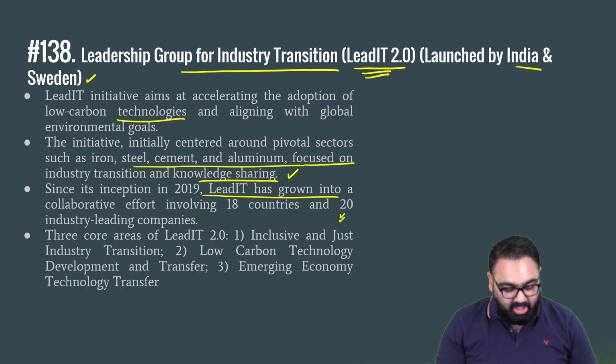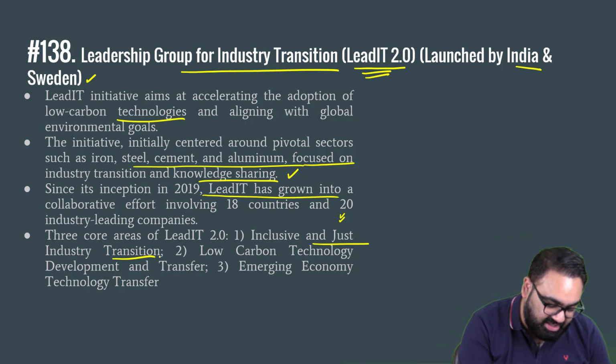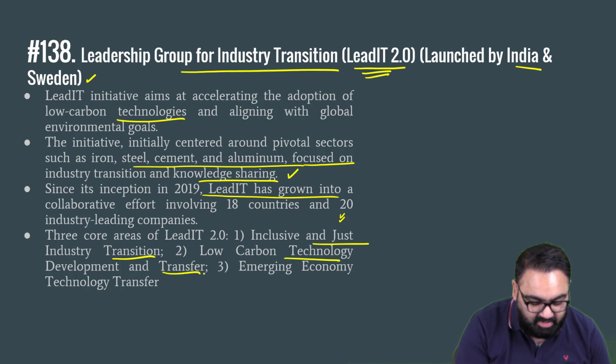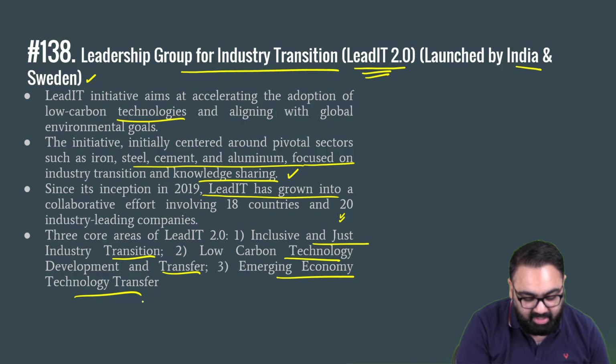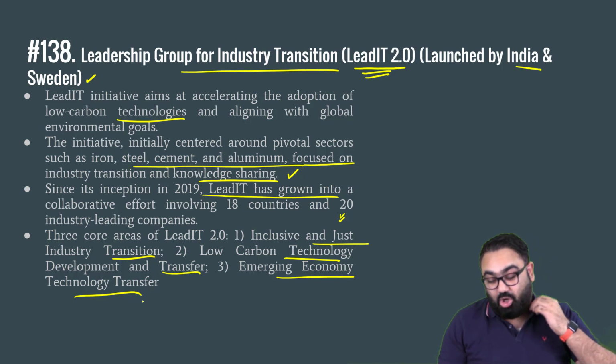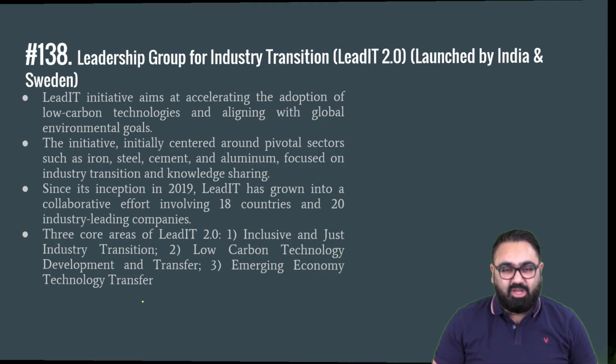India and Sweden have already been doing this. There are 3 core areas which are the focus of this initiative. First, inclusive and just industry transition. Second, low carbon technology development and transfer. And third, emerging economy technology transfer. To remember, the second phase has been launched. It is India and Sweden that have launched this at the COP28.